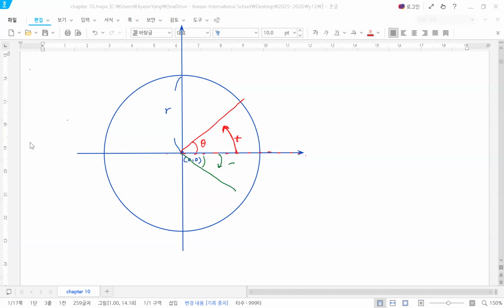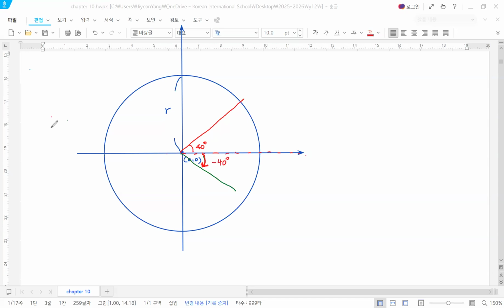So for example, if this size of angle is 40 degrees, then it's just 40 degrees. But if I want to measure it by this direction, we call it negative 40 degrees.